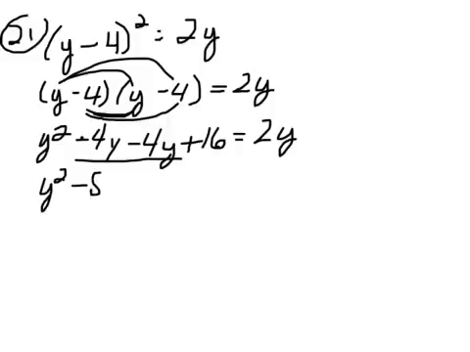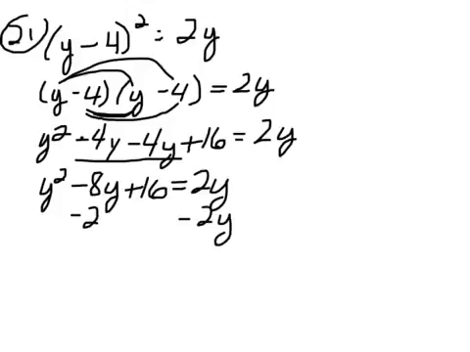That gives me minus 8y plus 16 is equal to 2y. Now, all the terms are not on one side, so let's get them there now since we finally got that left-hand side simplified. Let me subtract the 2y from both sides. This will give me my 0 that I want on one side. That's why I did it. I wanted to move everything to the other side and have 0 on the right side.